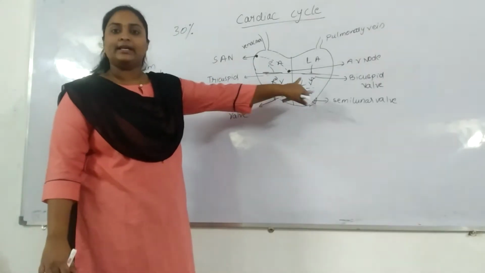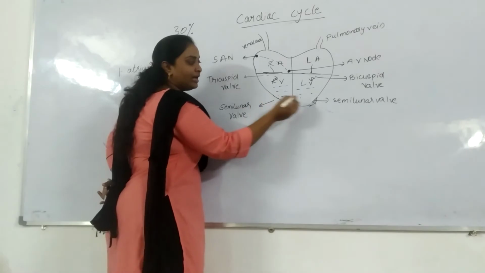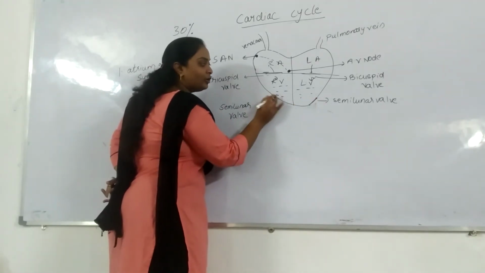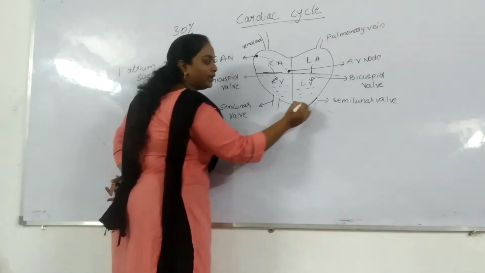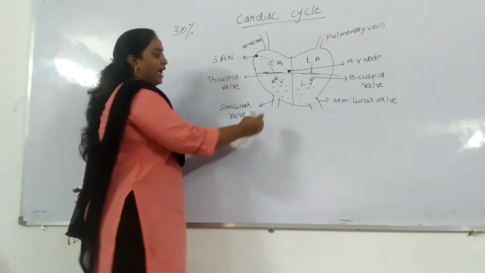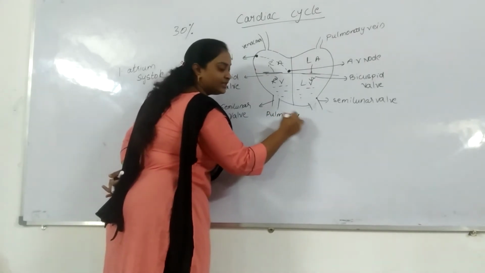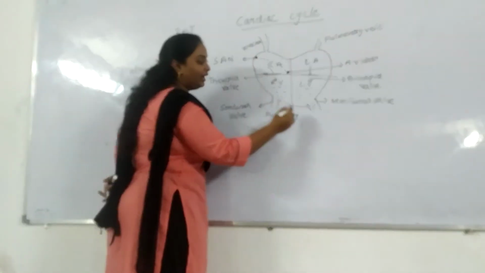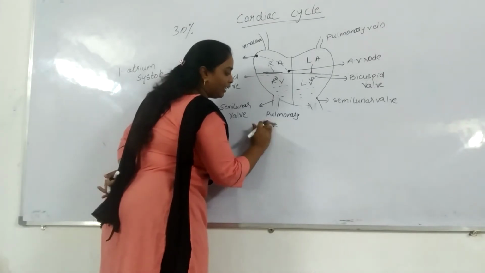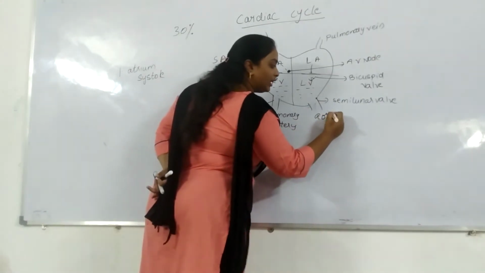As the pressure increases in the ventricles, the semilunar valves, which were initially closed, will now open. The semilunar valve on the right side guards the pulmonary artery, and the other guards the aorta.